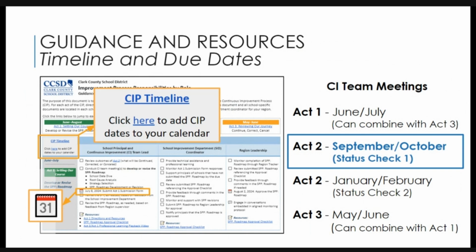You do not need to wait until the due date in order to submit those forms. We will pause for you to add those due dates to your calendar if you wish. And we'd like you to keep in mind that if you are not the school principal, please seek out your principal's input when scheduling these meetings to ensure there's not going to be any conflict with already pre-existing events.